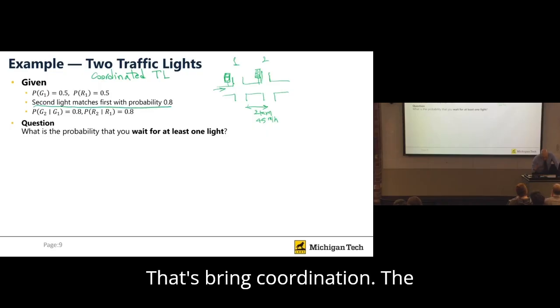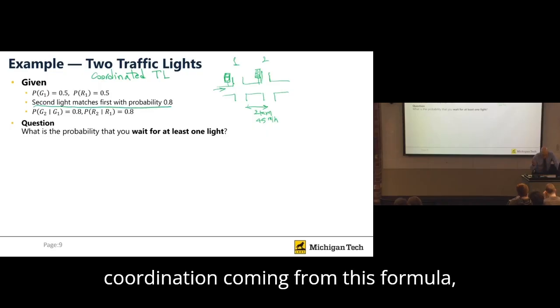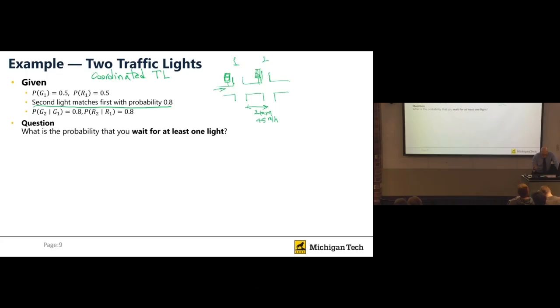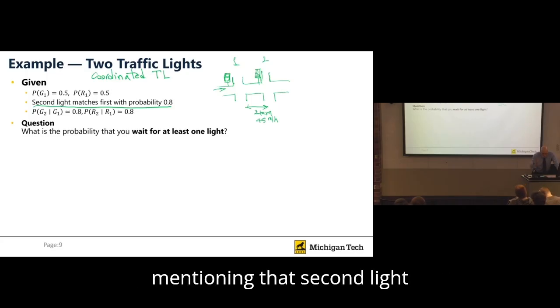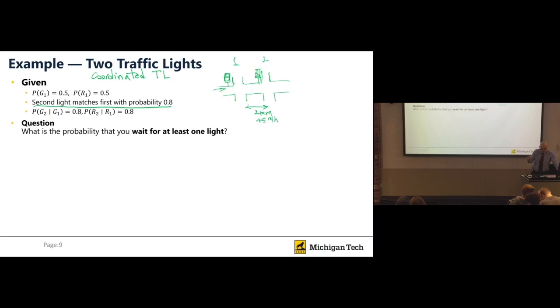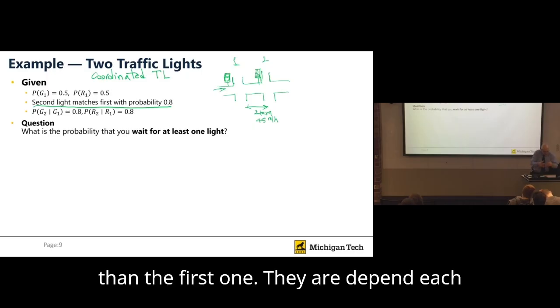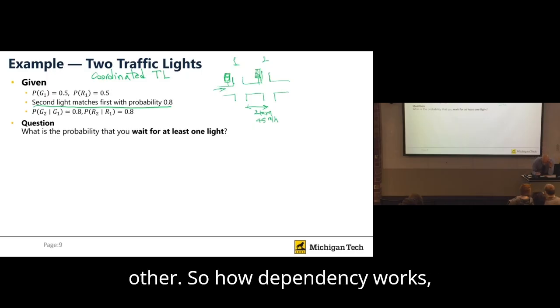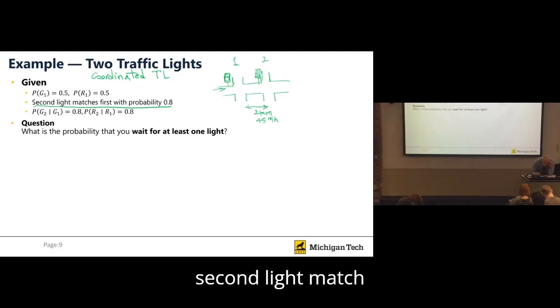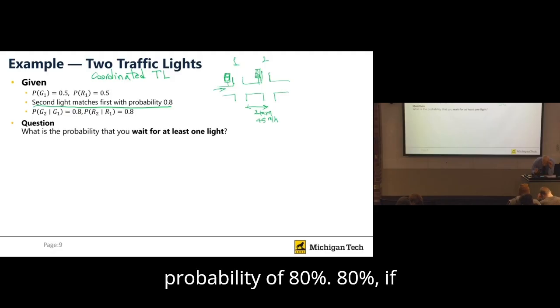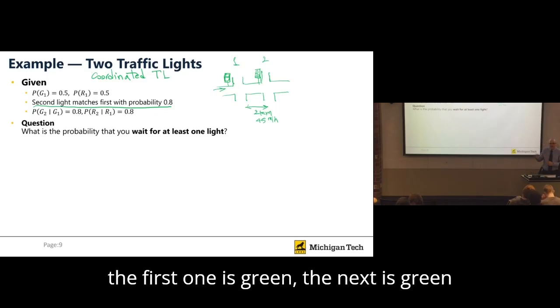That brings coordination. The coordination comes from this formula, saying that the second light is not independent of the first one. They depend on each other. So how does the dependency work? The second light matches the first light with a probability of 80%. If the first one is green, the next is green too.